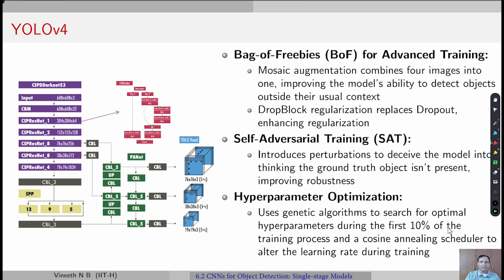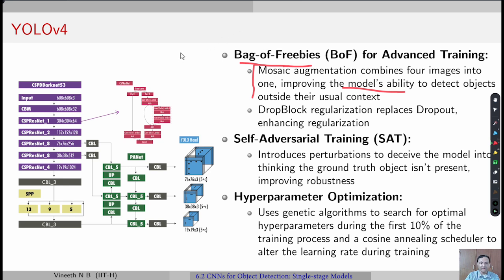In the training procedure itself, YOLO v4 introduced a technique called bag of freebies, and what they mean by this is they mosaic or tile different augmentations of a given image. This improves the ability of the model to detect objects outside its usual context.